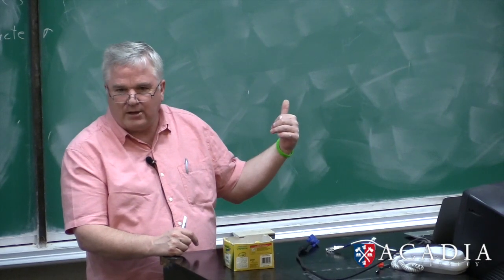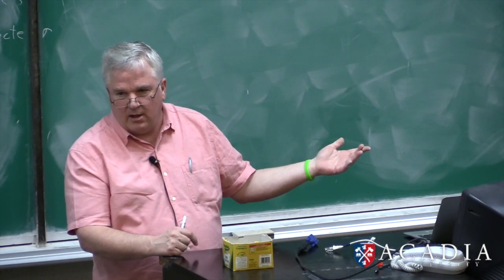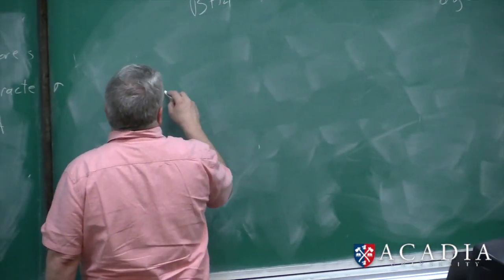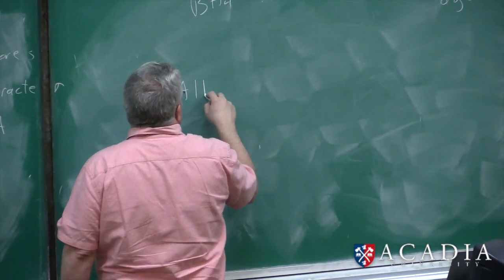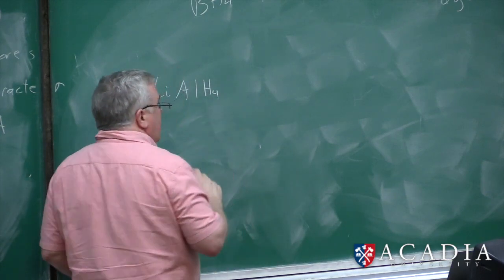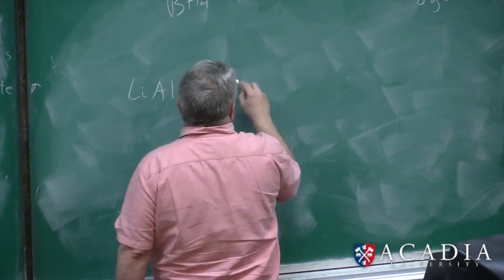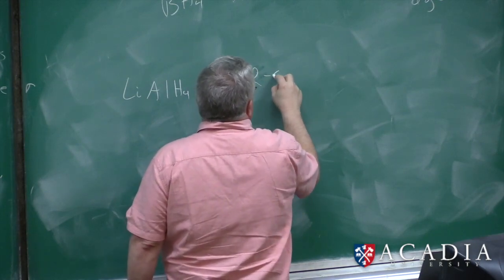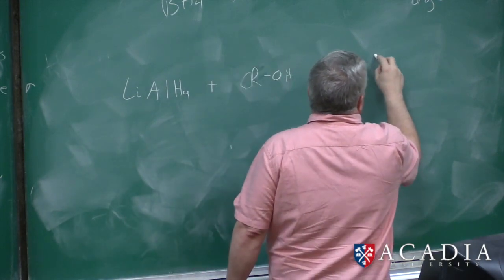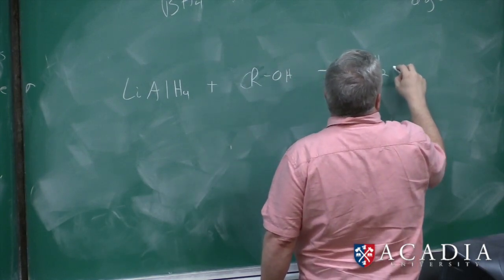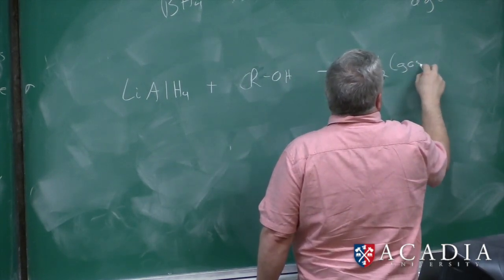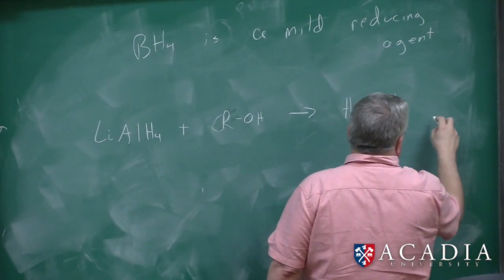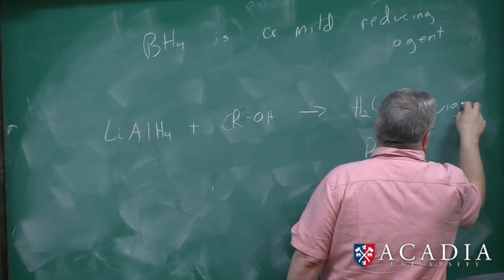But with sodium borohydride, you can use alcohol as solvent, because lithium aluminum hydride reacts with any alcohol to give H2 gas and an alkoxide minus. This is vigorous and fast.